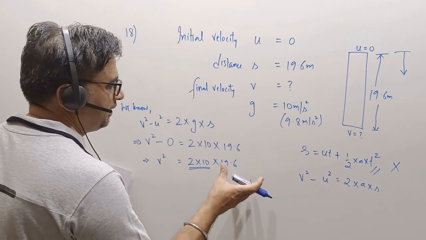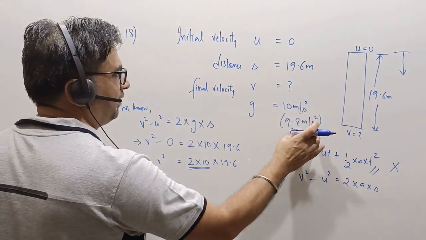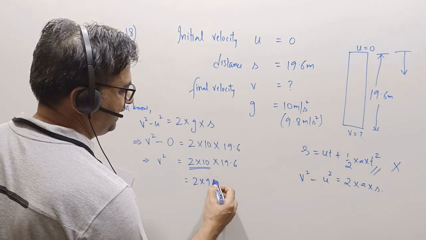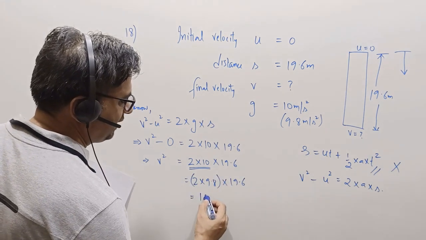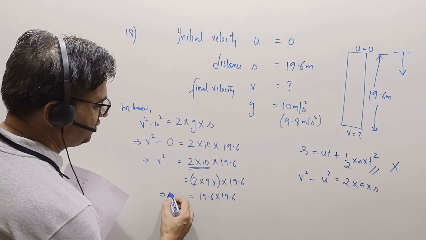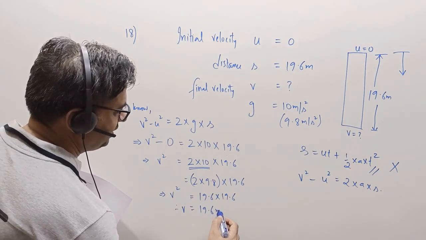Well, not a perfect square, but yes, we could have found the square root rather easily. So for now, you can just substitute 9.8 over here. I would suggest 9.8, and I'll tell you why this helps. Because this also becomes 19.6 into 19.6, that is v square, and therefore v is equal to 19.6 meter per second.